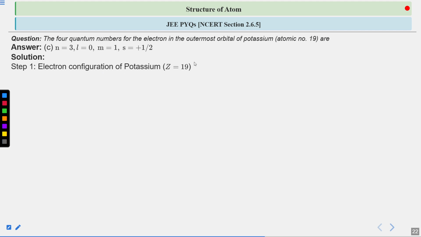So Z is equal to 19. It is already given. So potassium has 19 electrons, and the electronic configuration will be 1s2, 2s2, 2p6, 3s2, 3p6, 4s1. Now the outermost orbital is the s orbital, having 1 electron in it, and the shell is the 4th, so 4s1.